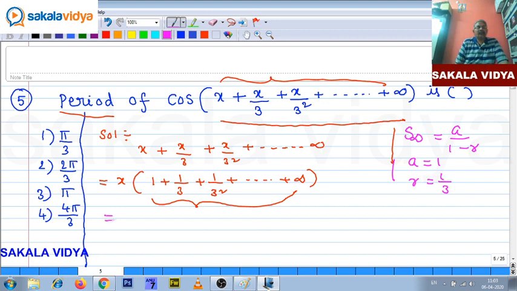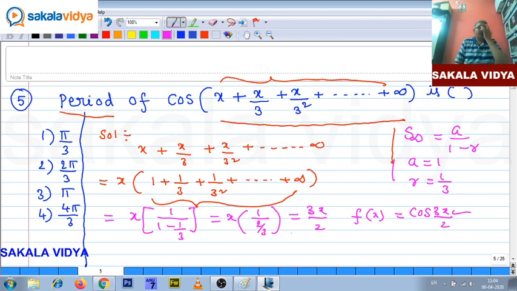So we can write x times 1 by 1 minus 1 by 3. Simplifying, this is x into 3 by 2, that is 3x by 2. What is the period? Cos means 2 pi by a. So 2 pi by a means 2 pi into 2 by 3, so 4 pi by 3. So that means the fourth option is the right option.